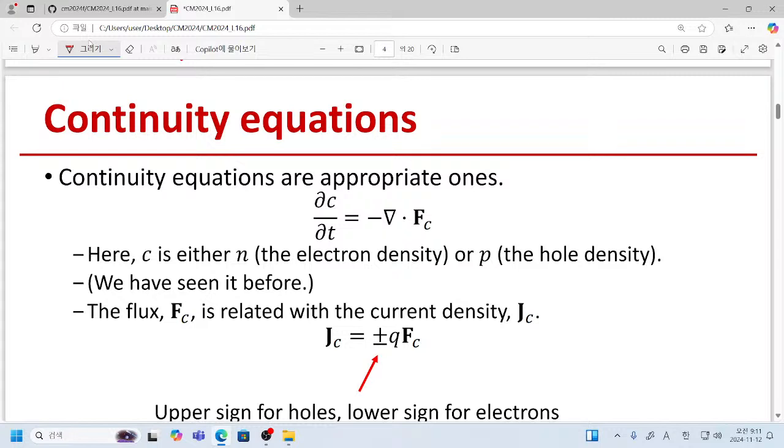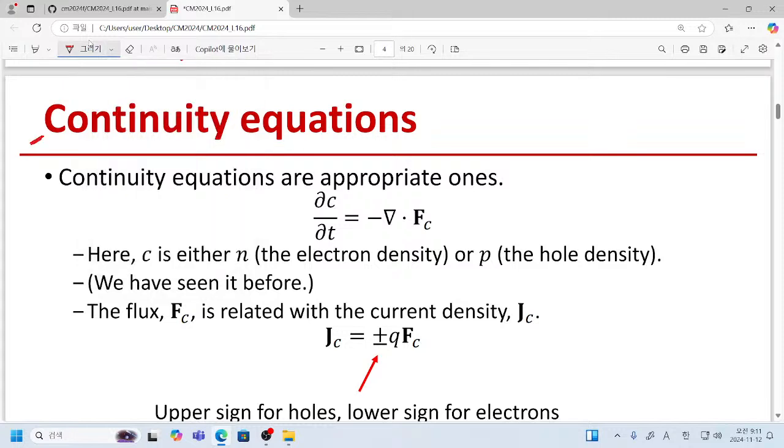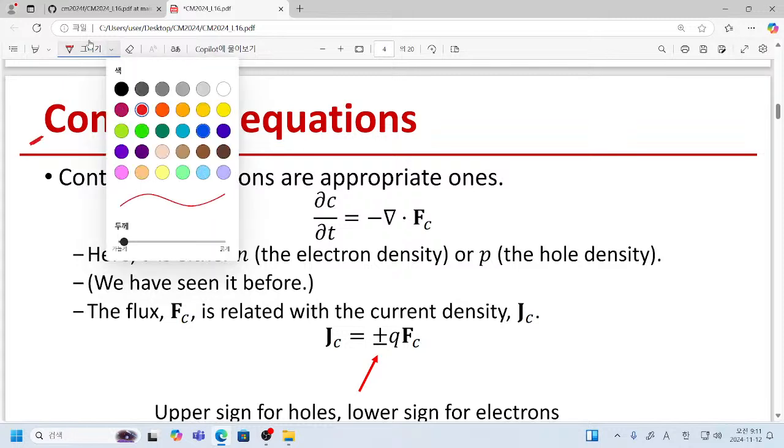Then maybe you can ask me this question: even when we consider process simulation, diffusion simulation, we considered this continuity equation.